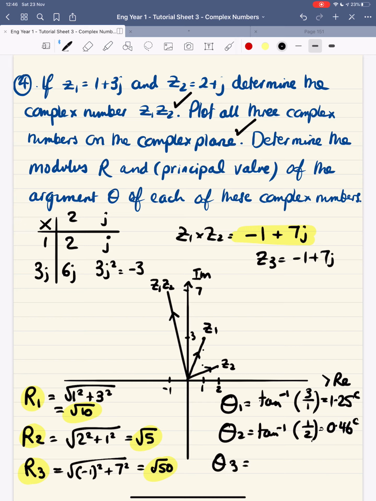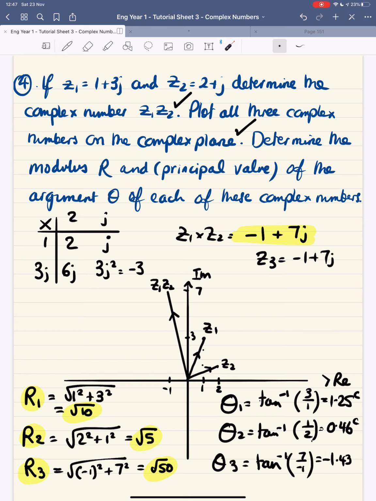And the third one, when you do tan inverse of the imaginary over the real, 7 over minus 1, so it's tan inverse of minus 7. Your calculator actually gives the answer as minus 1.43.